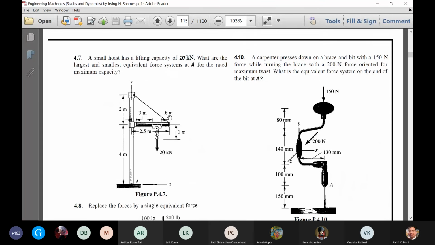Yes, this question, 4.7. Actually, what is this question? In the diagram given, is this page visible to you? Yes, sir, it is clear. So this is the 4.7 question.